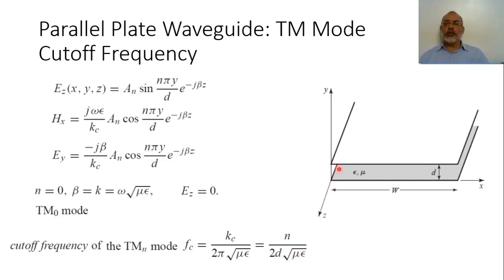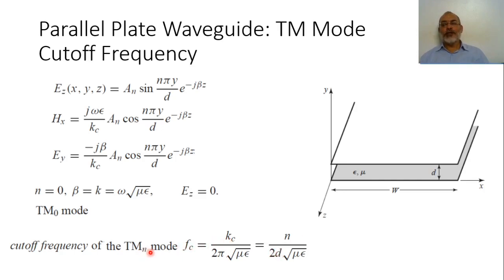Assume that this is air, so 1 over square root mu epsilon is 3 times 10 to the power 8, over 3 times 10 to the power minus 3. It means that it would be 10 to the power 11, and we already have 1 over 2, so we can say that 10 to the power 11 over 2 is 5 multiplied by 10 to the power 10, so it would be 50 gigahertz.